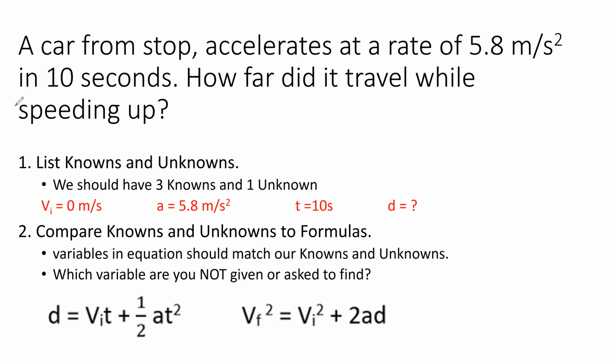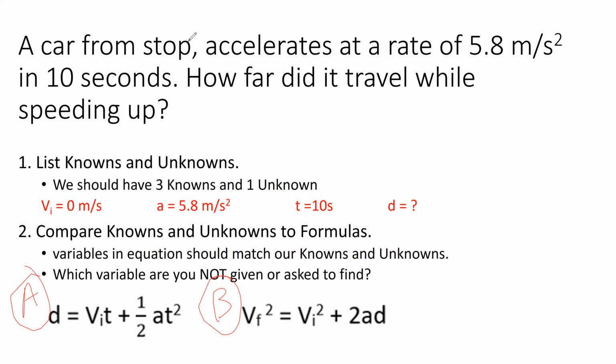Reagan, if this was equation A and this was equation B, which one do you think we should use? A. A, very good. We can't use B. There's not even a VF in there. We don't need it. So we're going to use A.